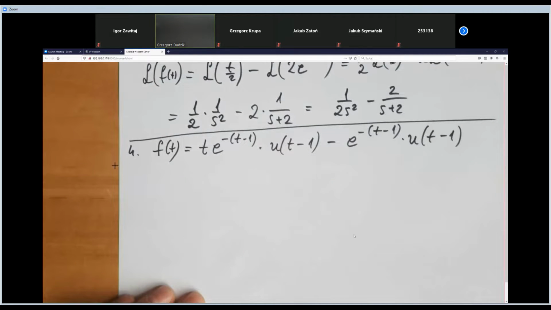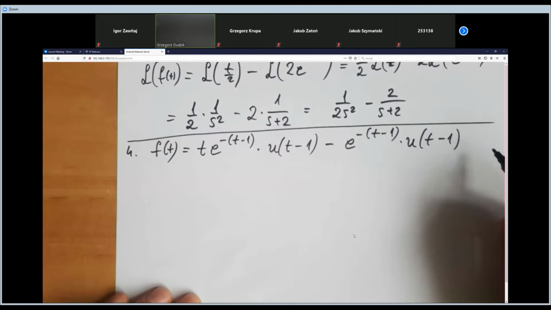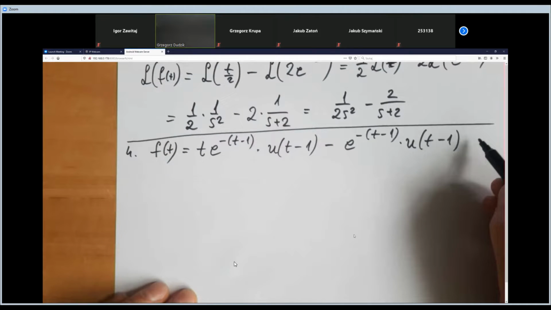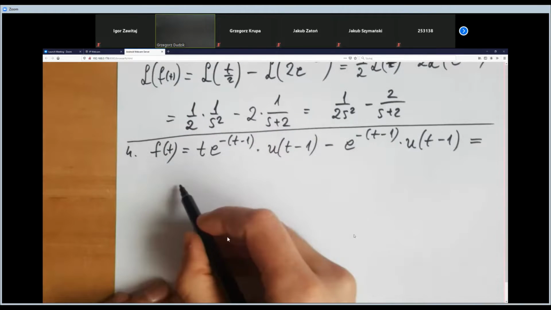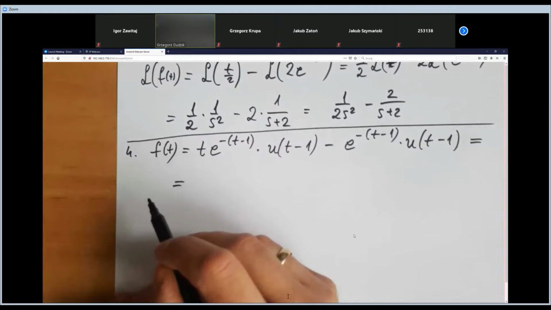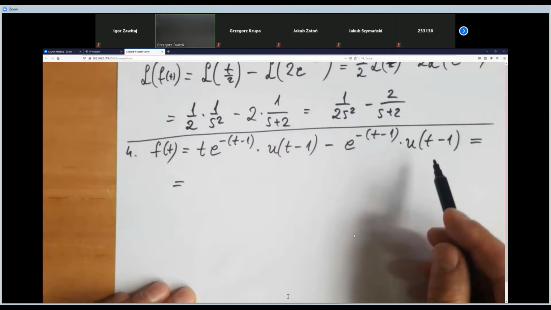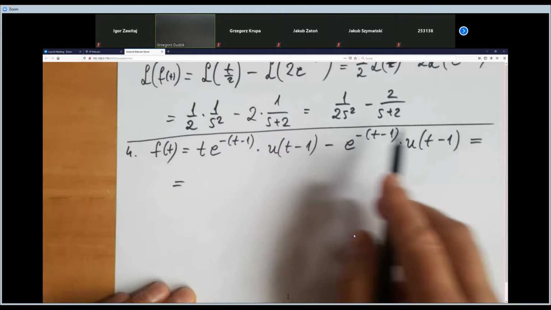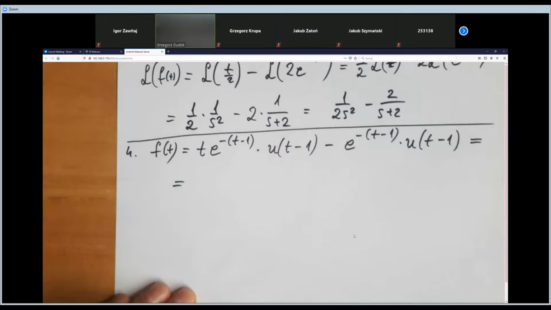All right. So, what do you think? How can we start with this example? What will you do firstly if you see that example?